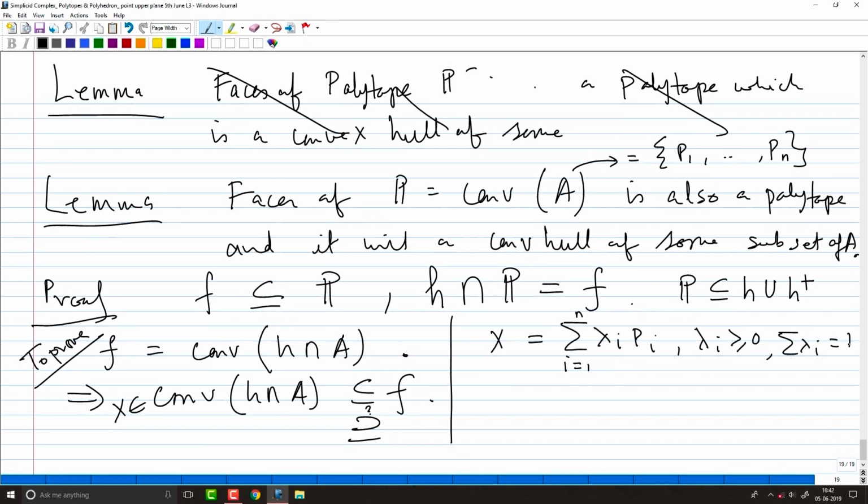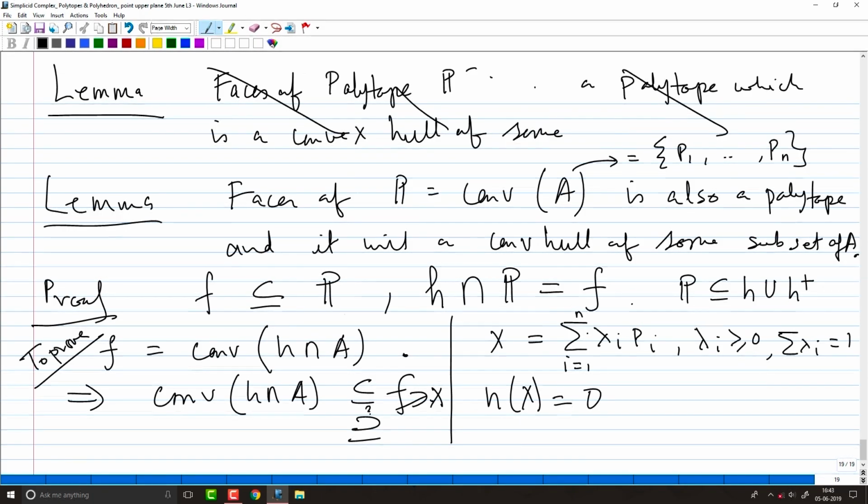Let me take the other direction: I should take x in F. So this x lies on H, right? Because F is equal to P intersection H. I have to show x lies in the convex hull. So H of x is basically 0, right?